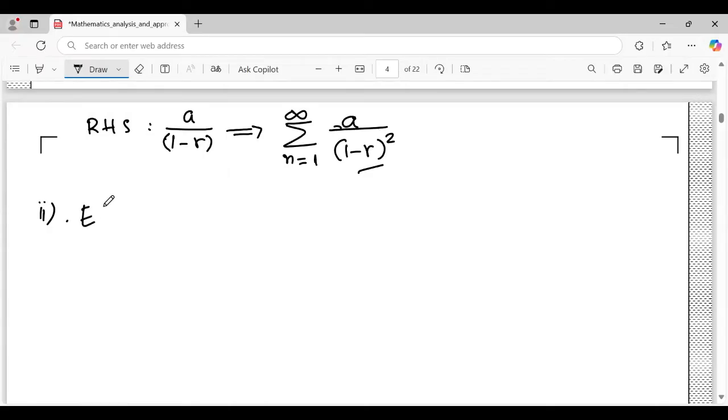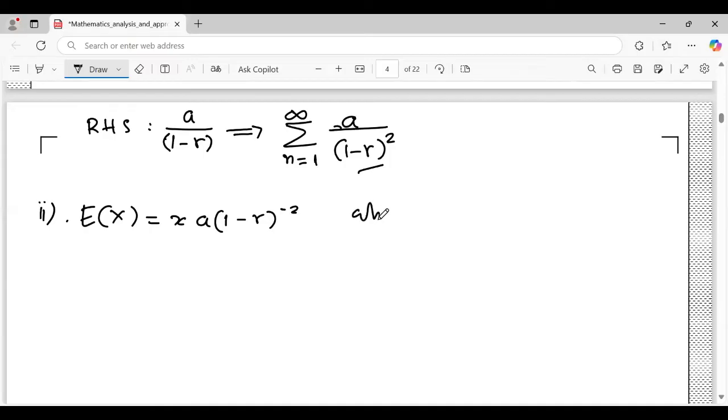The expectation X is this: sum of n times a times 1 minus r power minus 2, okay, according to this information.